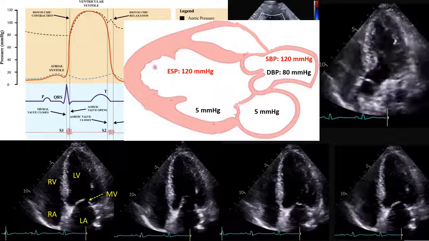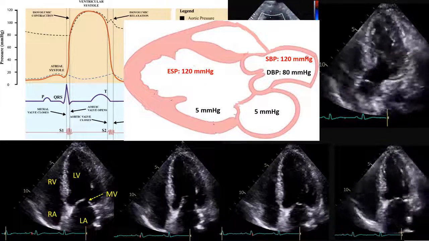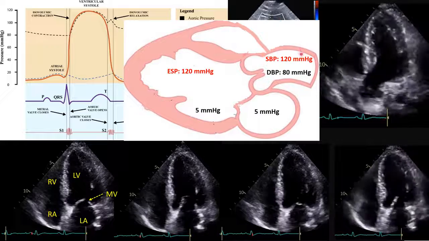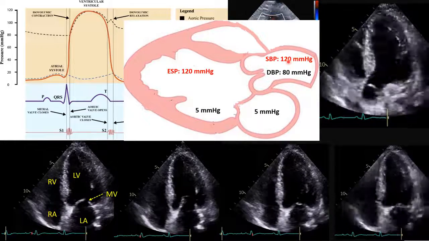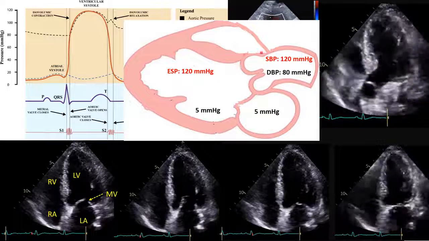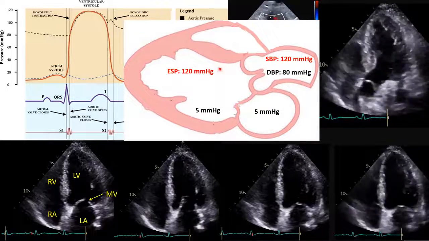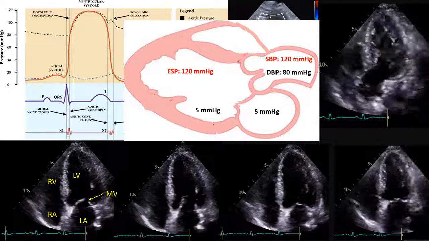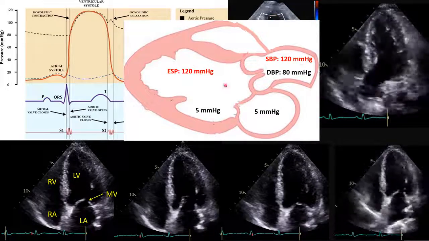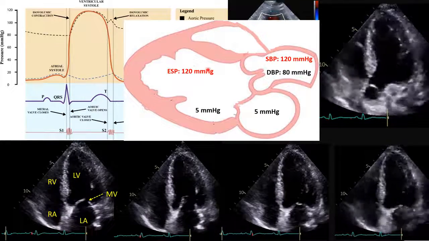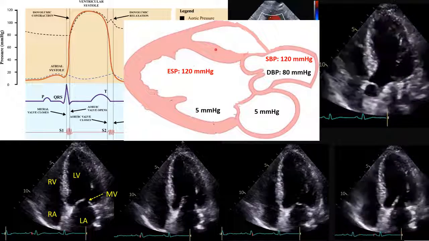So the end systolic pressure in the left ventricle is the same as the systolic blood pressure in the arm, except in other situations those can be a little different, like HOCM or other obstruction of the LVOT. Those two pressures can be not the same. I am not going to talk about that in this presentation. I talk about it in another lecture.